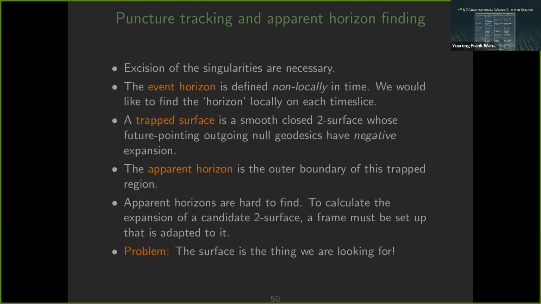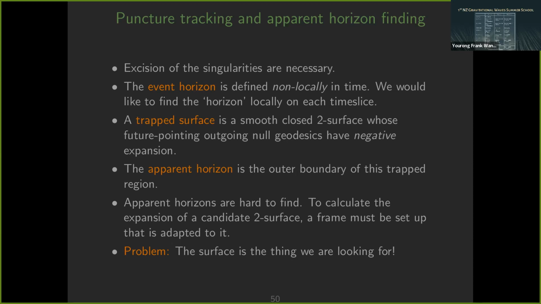Right, so in order to be able to represent these black holes, obviously, if it's on a Cartesian grid, there are going to be singularities in the insides of them. So trying to figure out where they are and basically excising them from the computational domain is necessary. So the event horizon is something that is more commonly used when you're talking about black holes.